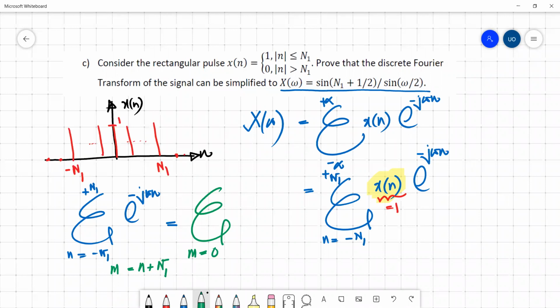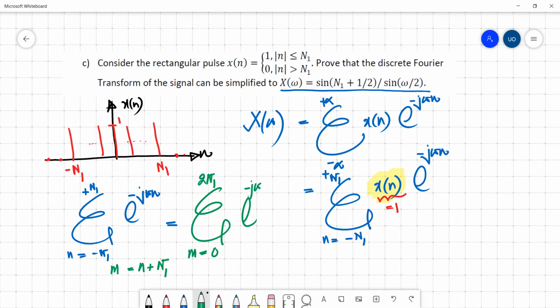That's why we bring in a new variable m, which equals n plus capital N1. So once n is minus N1, the value of this new index m is simply 0. If it is N1, this becomes 2N1. So what happens to this j omega?